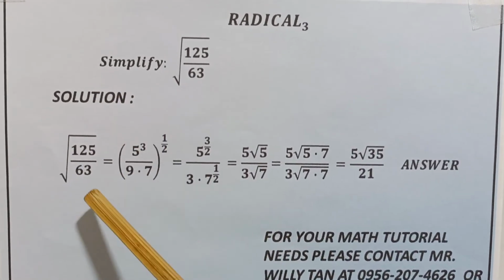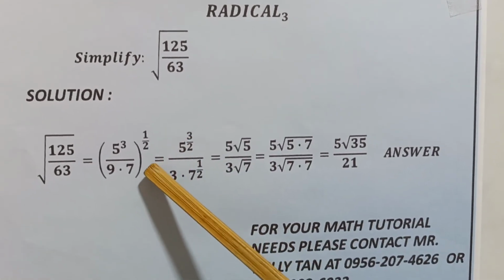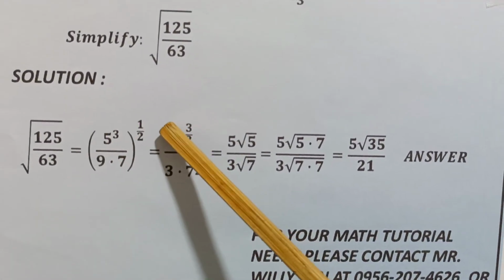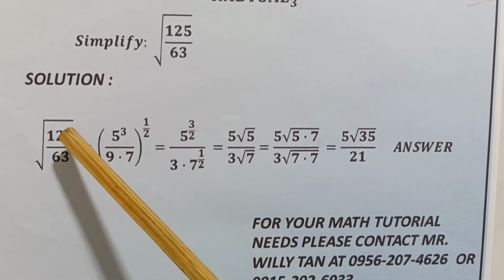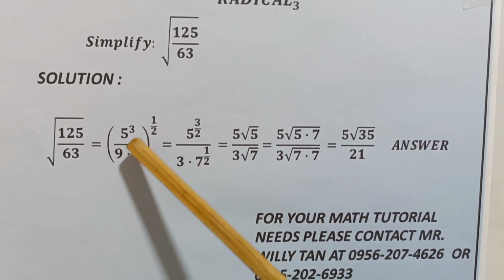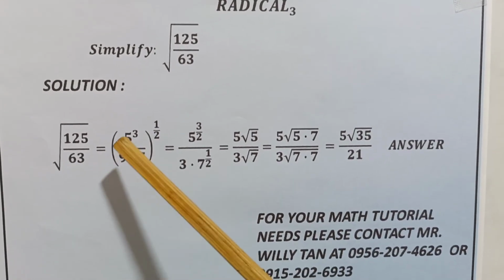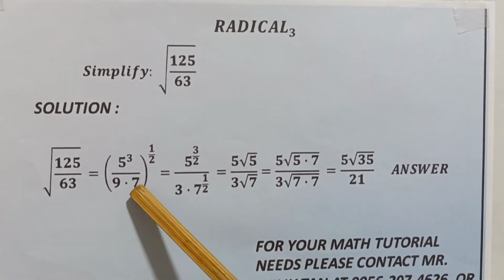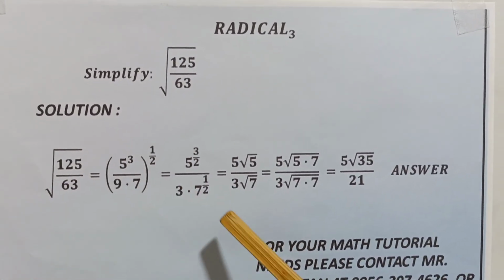Both the numerator and the denominator will have an exponent of 1/2, no? Fractional exponents. So 125 is equal to 5 times 5 times 5, or 5 cubed, and this 63 is 9 times 7, with exponent of 1/2, since this is a square root.